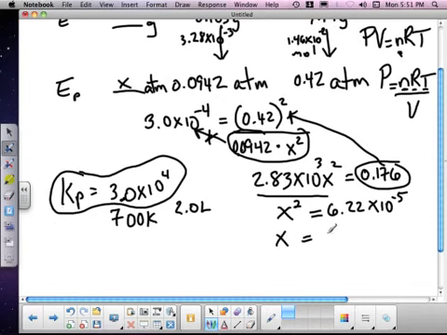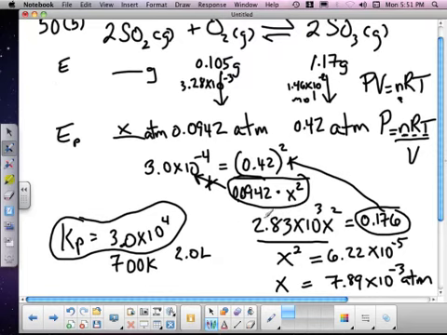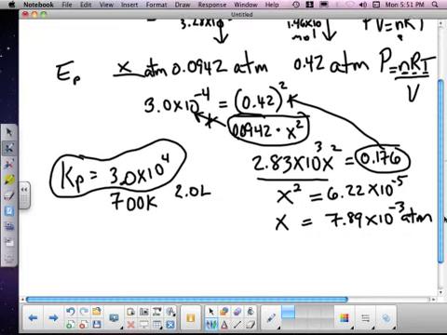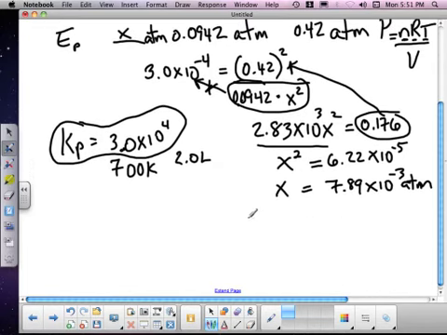Right? They did not ask for the pressure at equilibrium for SO2. They asked for the grams. So I am going to go back to my ideal gas law, and this time I've got my pressure, so let's write it down. PV equals nRT. I have pressure, I have volume, I have this, I have this. I'm going to be solving for moles so that I can get to grams. So n equals PV over RT.